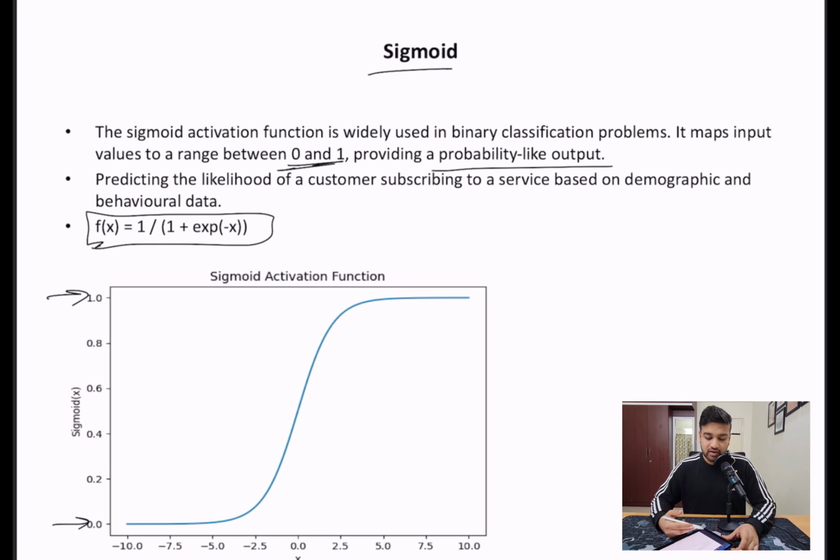Based on demographics and behavioral data, what is the probability that the customer will subscribe? The answer will be between 0 and 1. Either the user will subscribe or will not subscribe, depending on what probability comes out as the output, right? So in scenarios where you want single probabilistic outputs, the sigmoid function is a very good choice to have.